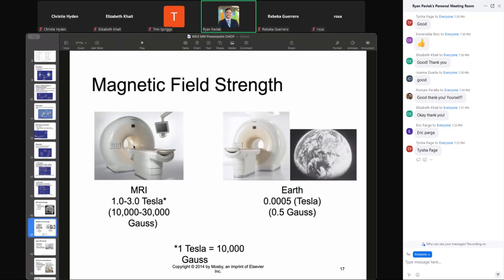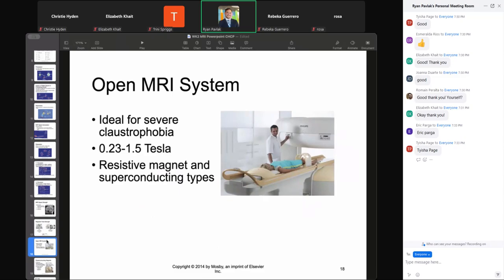These pictures right here, these are some old Philips MR scanners. This is a traditional MR scanner where we also have the opportunity to image with what are called open MRI systems. And that's where you have a top magnet and a bottom magnet, nothing really on the sides. So it helps patients that have claustrophobia.